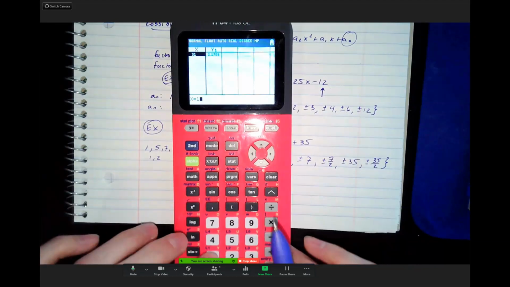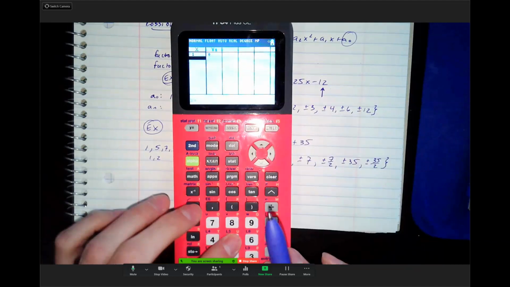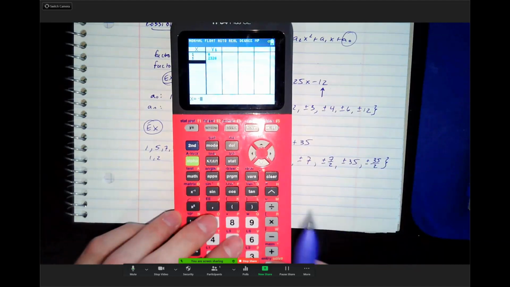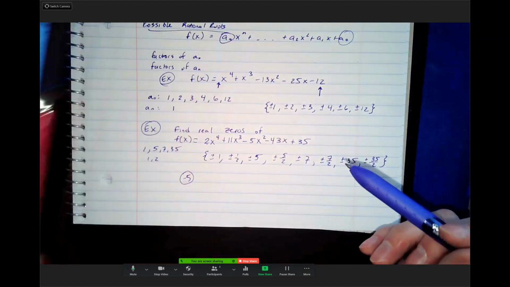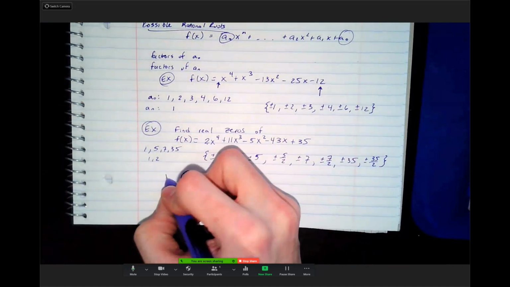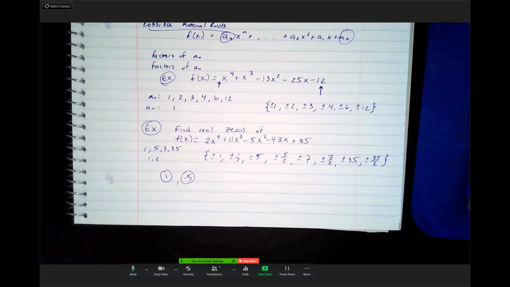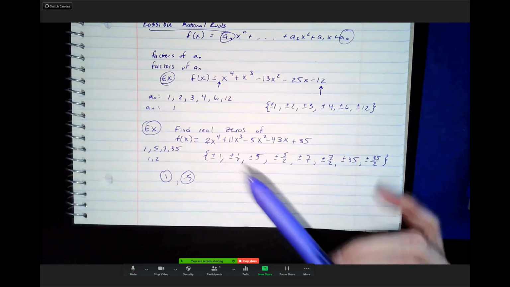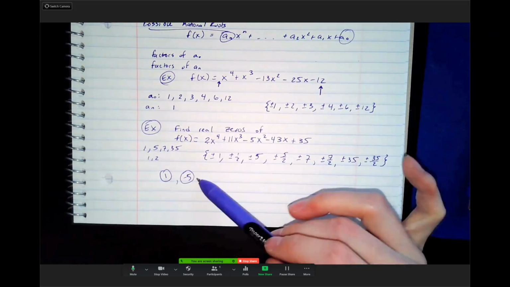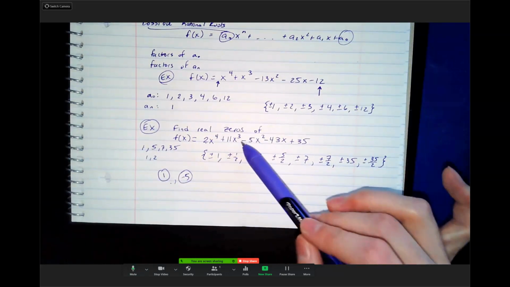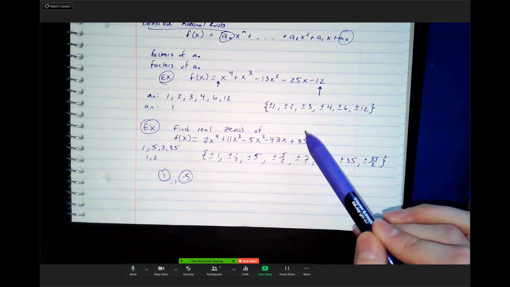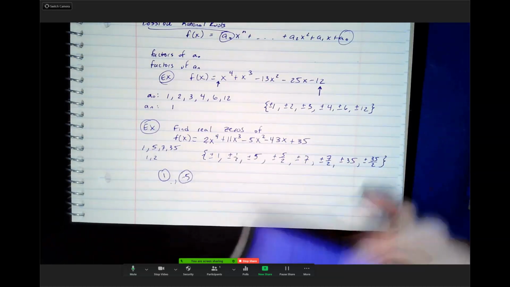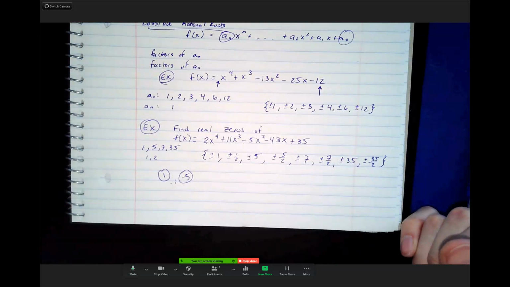I can go to the table and check. 1 is also a 0. Not 5, -5 is. So with a graph or with me giving you information, I'm going to tell you that these two numbers are real zeros of this polynomial. We're going to factor them out so that we can find the rest.